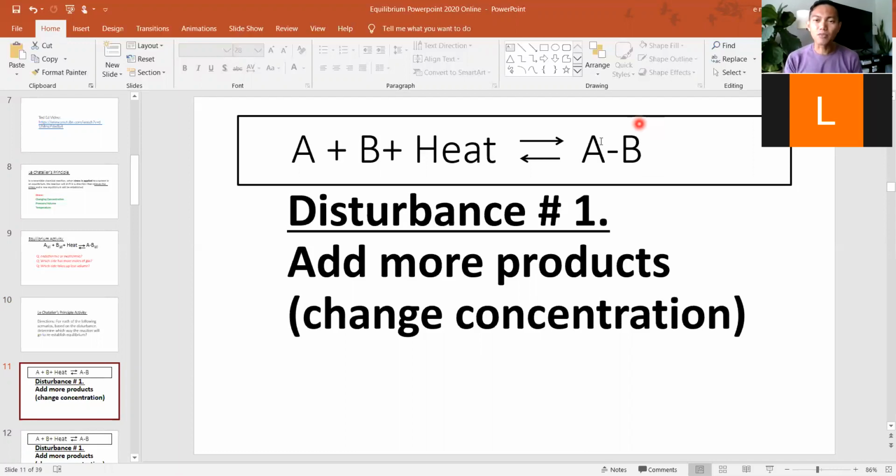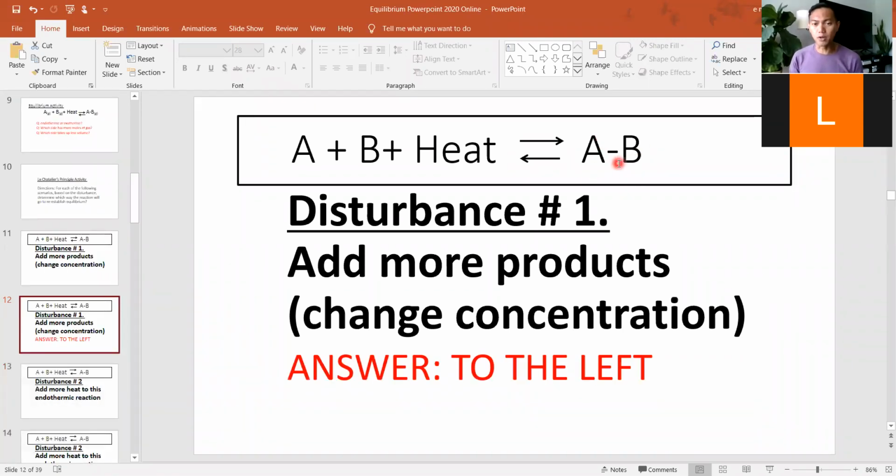So the tendency is, Le Chatelier's principle says it wants to get away from the source of stress. So too much here means the reaction will go to the left. Our answer for the first scenario is it will go to the left. It will proceed away from adding too much of that concentration. Too much of the products, it will go this way, away from the higher concentration.